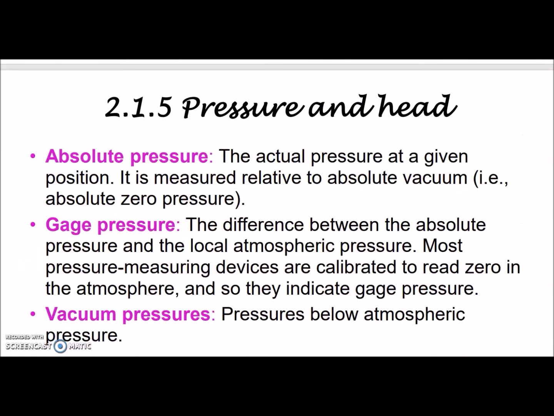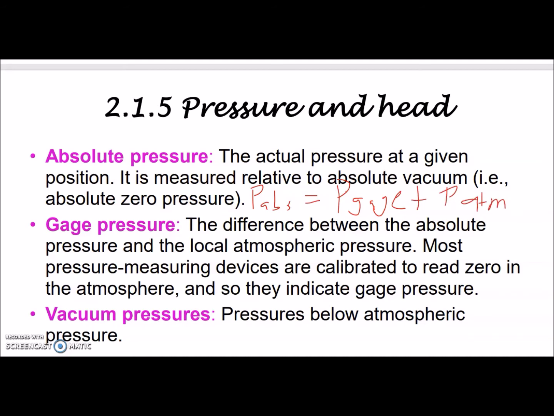Okay, so we have pressure and head. Absolute pressure. What is absolute pressure? Absolute pressure is the pressure of fluid plus the pressure of the atmosphere. So absolute pressure is gauge pressure plus atmospheric pressure.